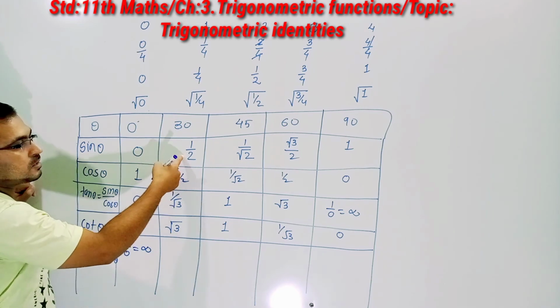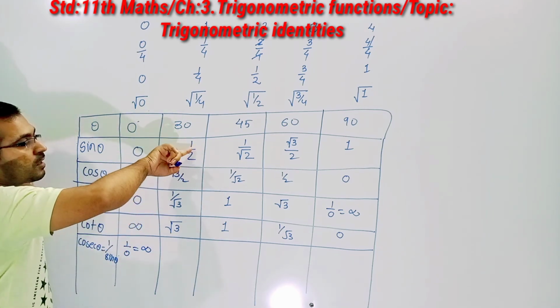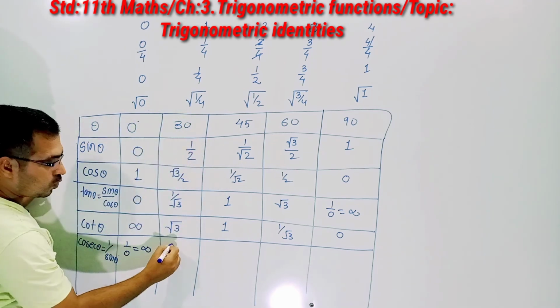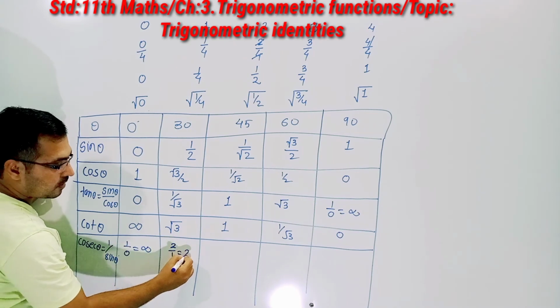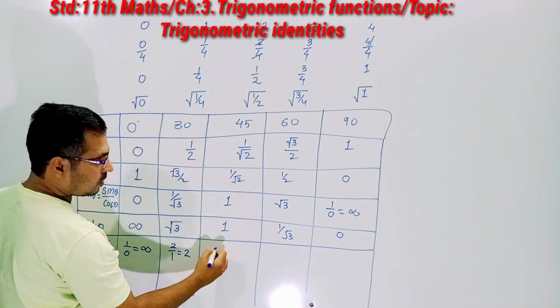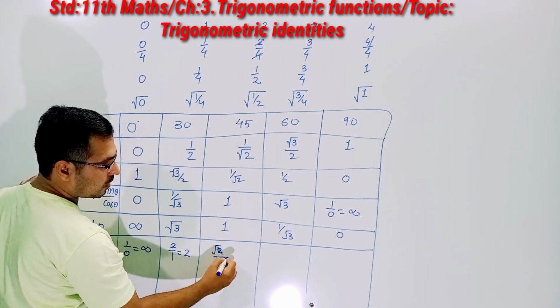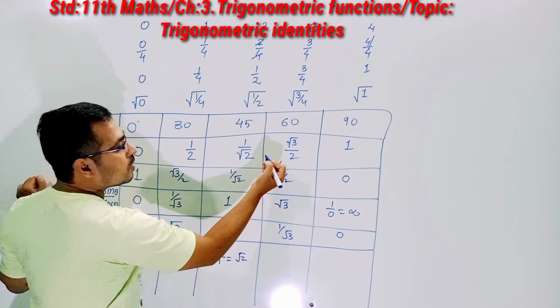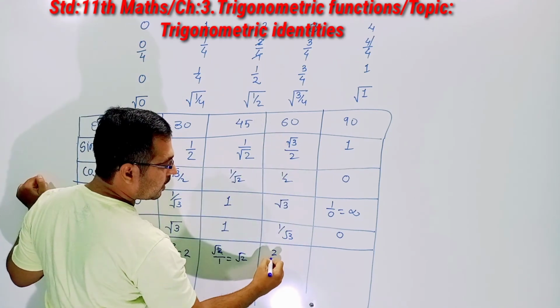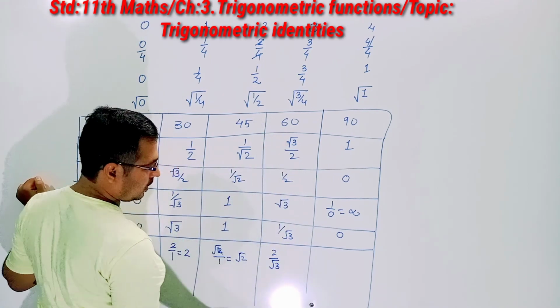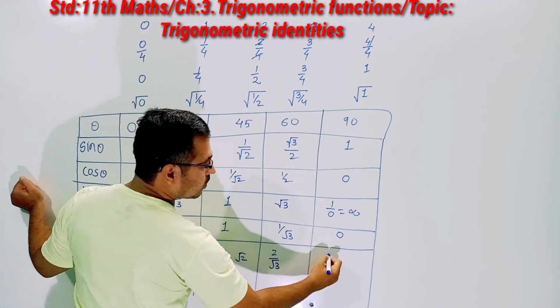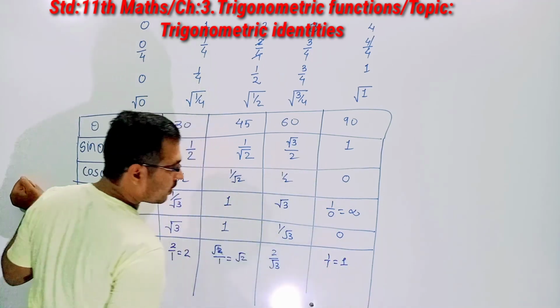Undefined. This will be inverse, means 2 by 1. There will be 2. So what about this one? Root 2 by 1. This will be root 2. And here is 2 by root 3. And here is 1 by 1. Again we are getting 1.